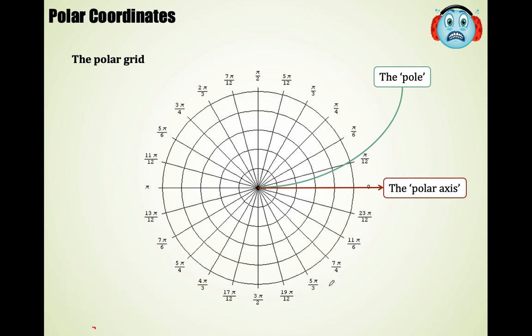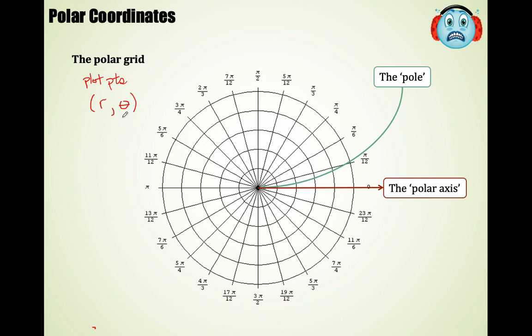So the polar grid, how you plot points on a polar grid, are not x comma y. They're radius, which one of those concentric circles are you going to use, and then which theta are you rotating to.